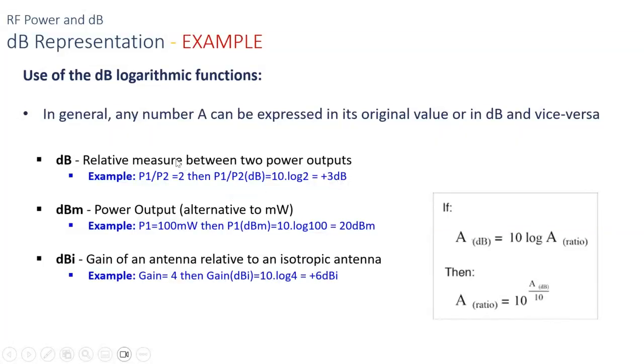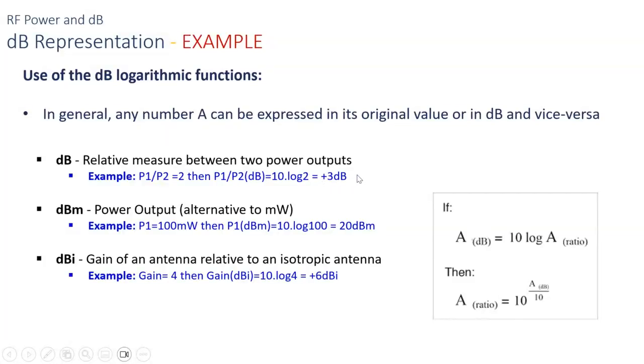From the law of 3, once you see P1 divided by P2 equals 2, you directly conclude that the result in dB is 3.